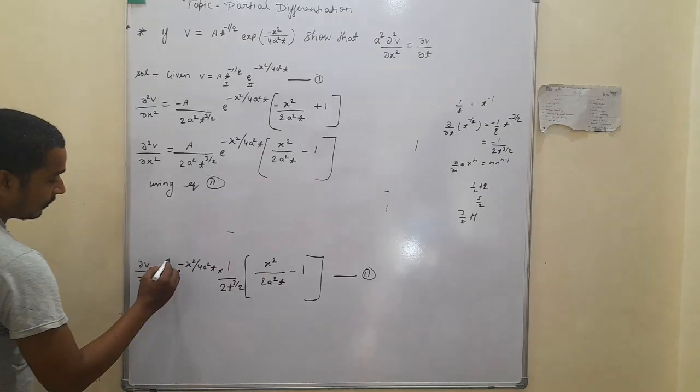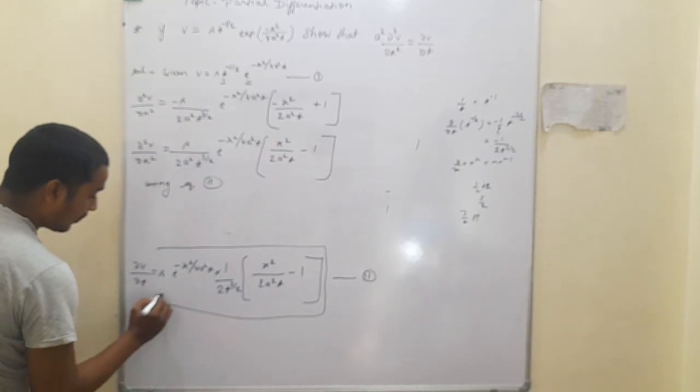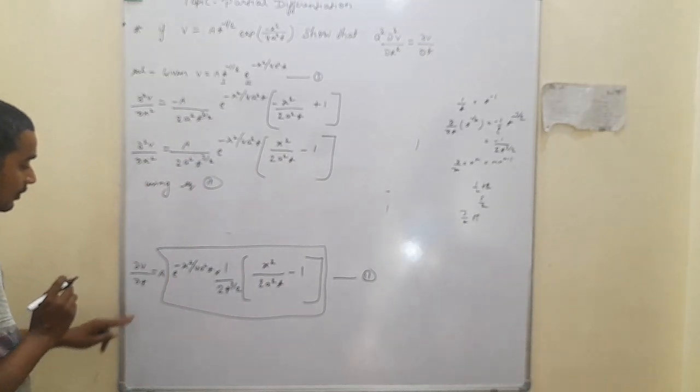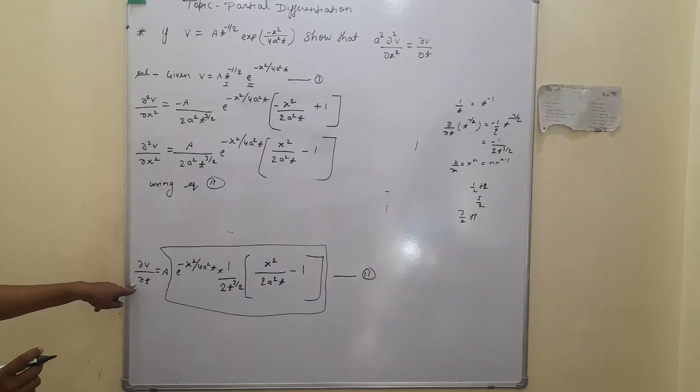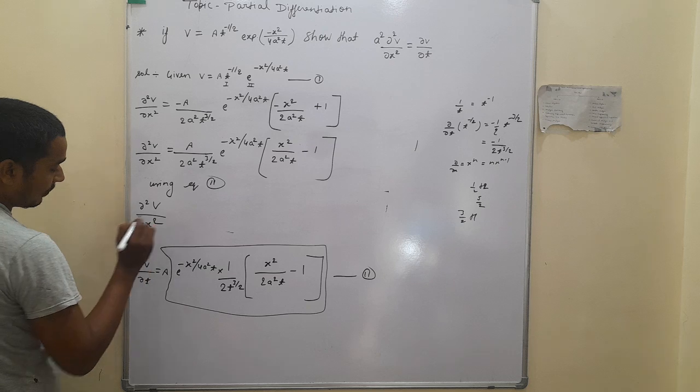In place of this, from equation 2, we have to put 1 by a del 2v upon del x square.